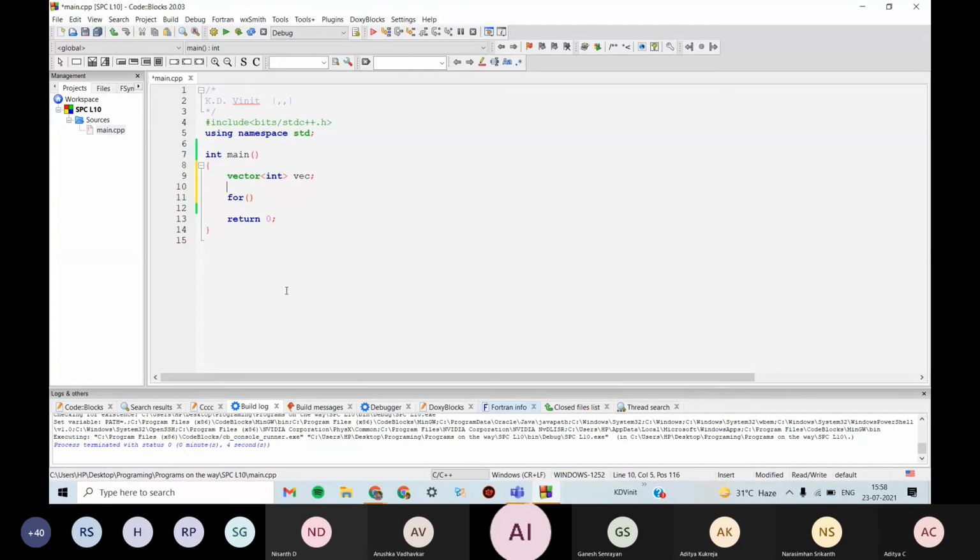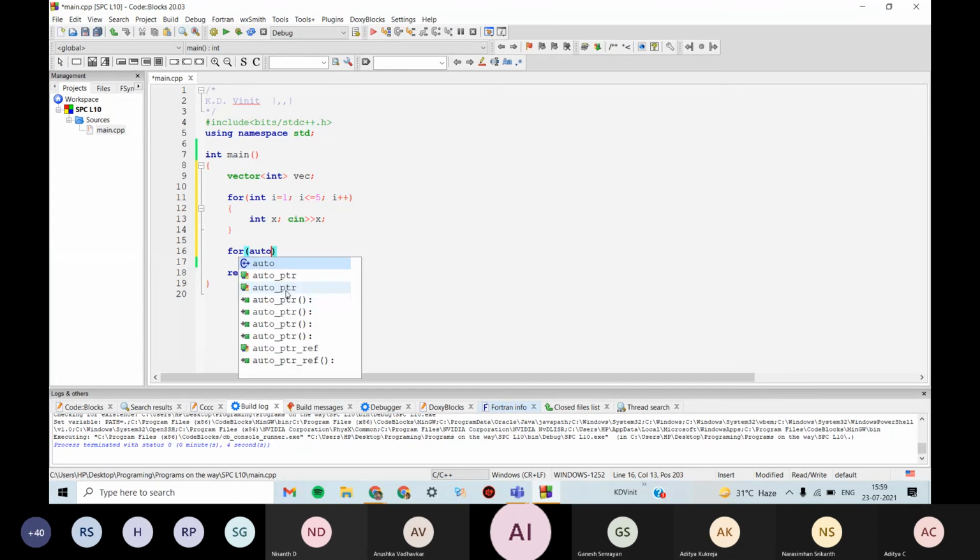So suppose I will add 5 elements maybe. And now after that, I just want to print all the elements. So I will use another function which is inbuilt in this library, and I can just use it at the user face.